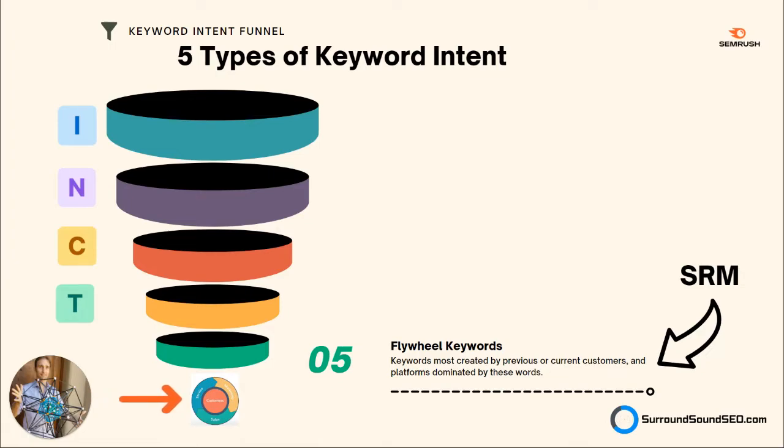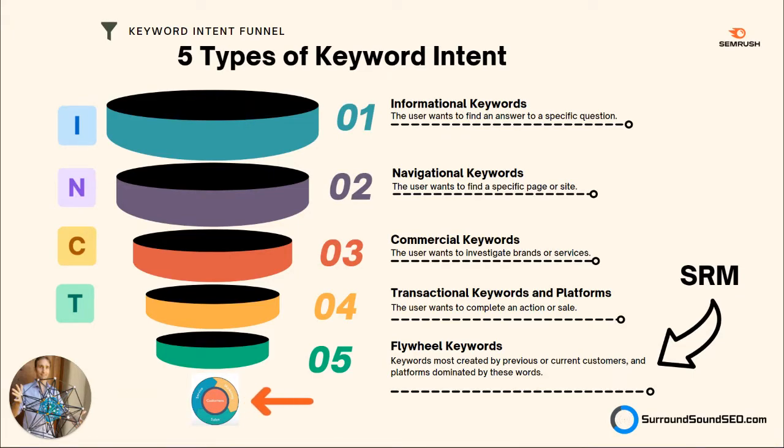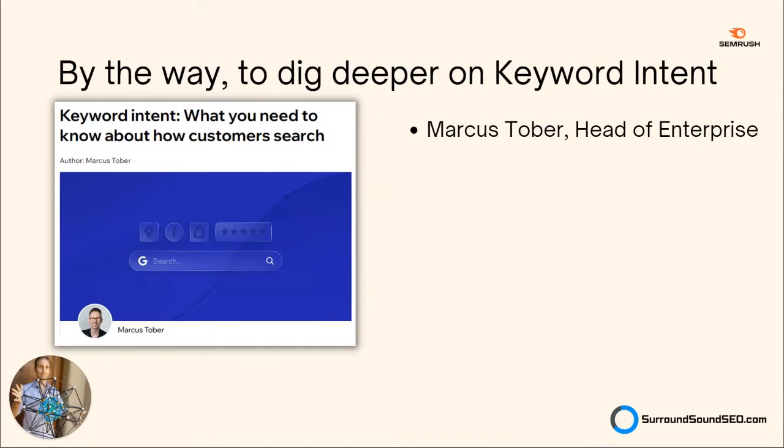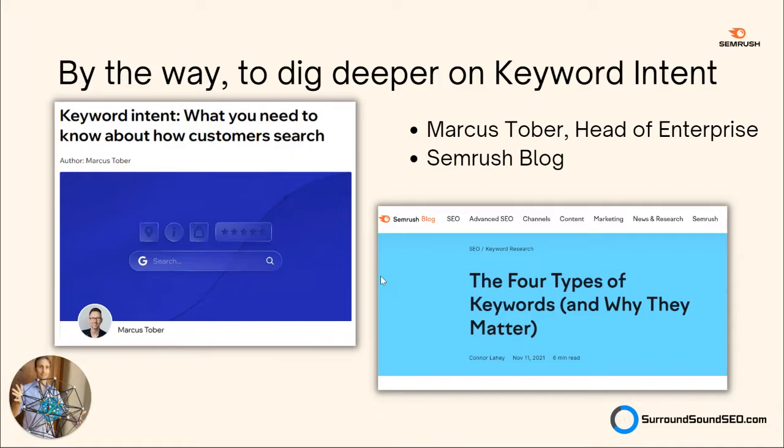Or they could be keywords from content that's generated that is fake, such as fake reviews and so on. Therefore, they deserve some special attention for a search reputation managed campaign, including a full stack surround sound campaign. By the way, please do dig deeper into keyword intent as laid down by SEMrush. Read Marcus Tober's work, Keyword Intent: What You Need to Know About Customer Search, the 4 types of keywords and why they matter.